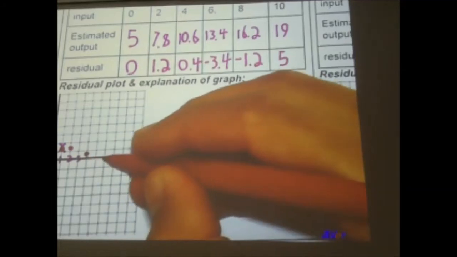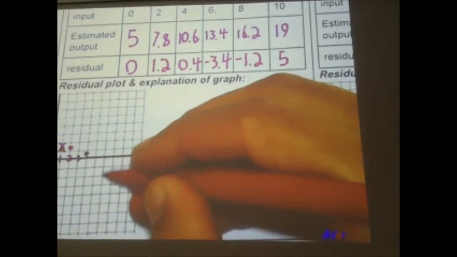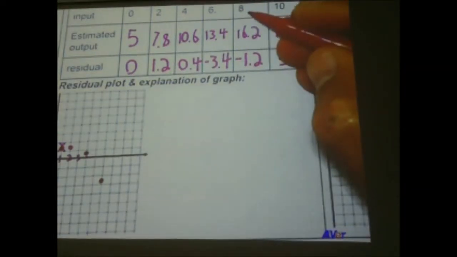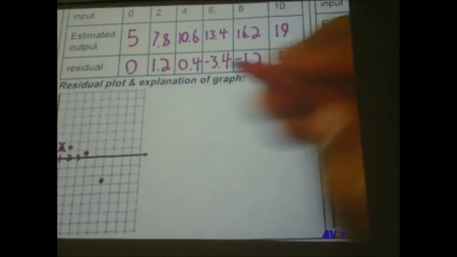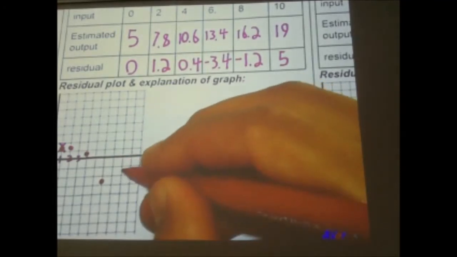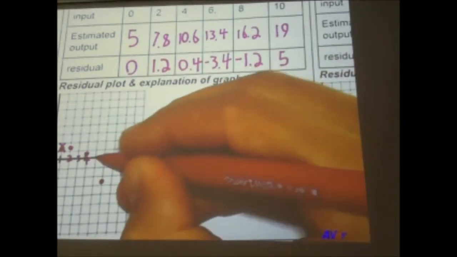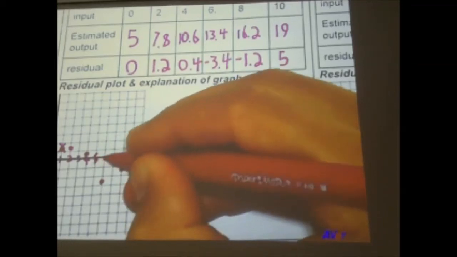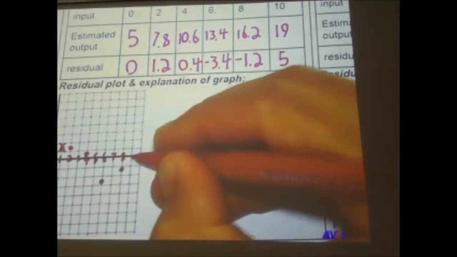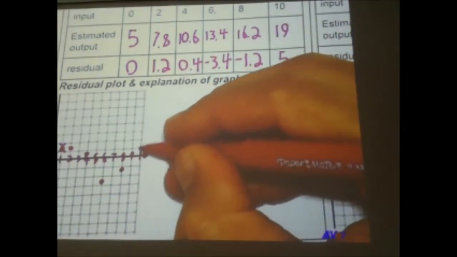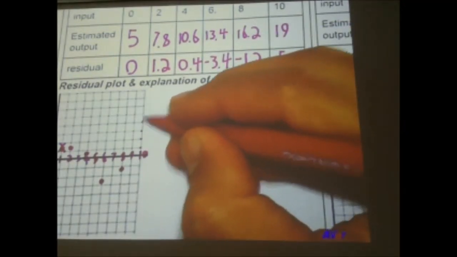So 4, 5, 6, that's right here. So that point is at about right there. At 8, my point is at negative 1.2. And you can write numbers on these if you want. And lastly, at 10, my number is 5. So 1, 2, 3, 4, 5.